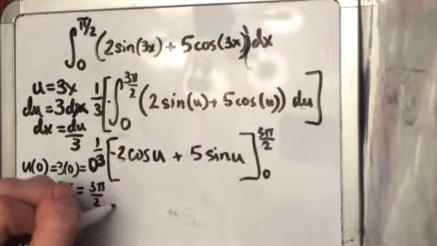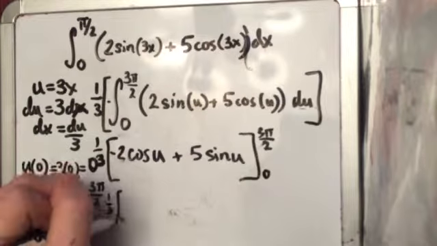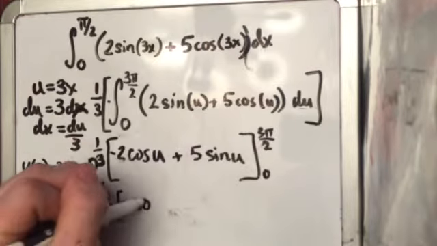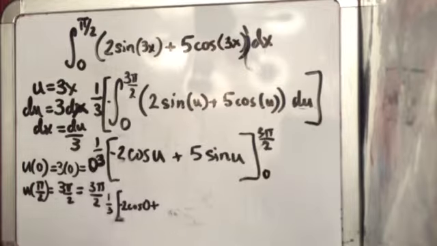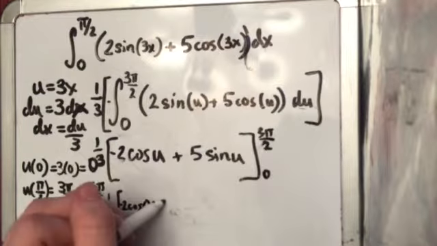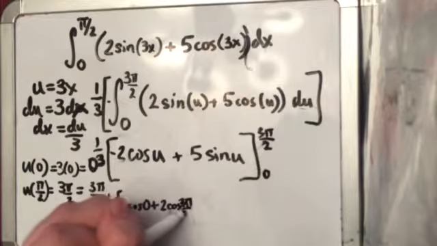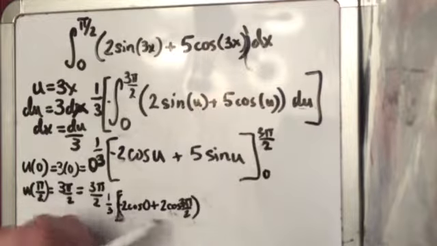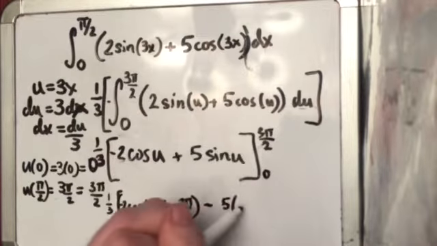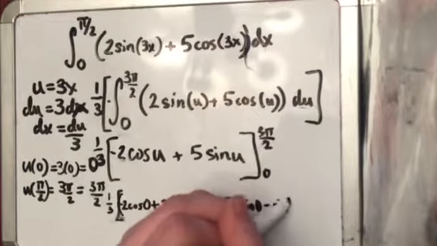So we're going to have negative 2 cosine evaluated at 0, minus another negative 2 cosine, so that'll end up being plus 2 cosine of 3 pi over 2, and then we're just going to move the 5 outside: minus 5 sine of 0 minus sine of 3 pi over 2.